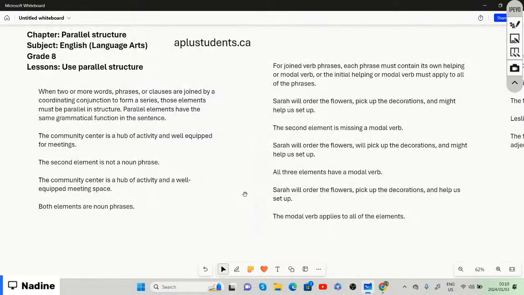For example, the community center is a hub of activity and well equipped for meetings, right? And here we can say that the second one is not a noun phrase.